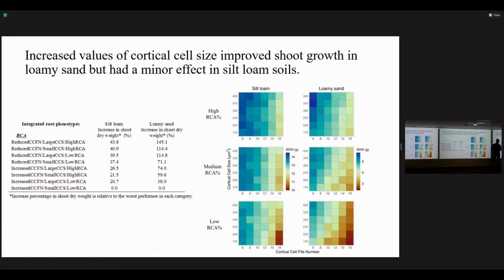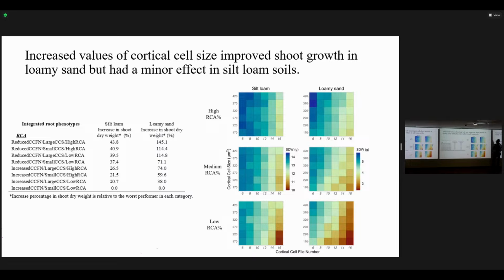Now the nitrogen concentration is the same, but the stress comes from the soil texture, not from the concentration of nitrogen. And we see that in general, when you have a loamy sand soil, you have more stressed plants. For example, the ranges in silt loam are between 10 and 14 grams of biomass, and in sandy soil, we have from 3 grams to 5 grams. So in this scenario, the plants are more stressed because of the soil texture.